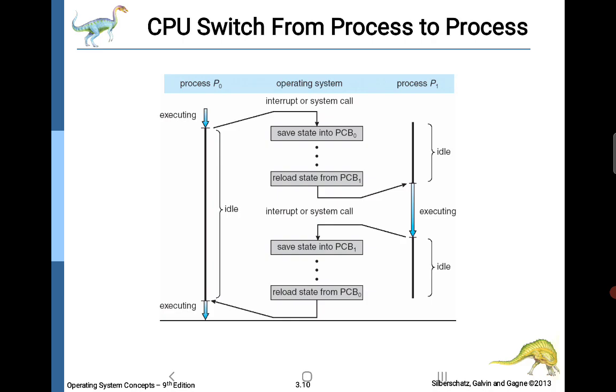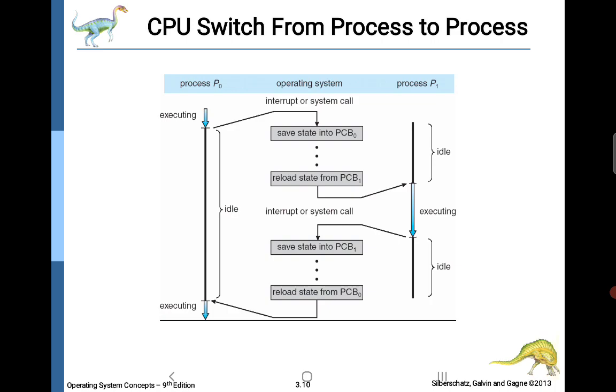Why do we need it? Let's have a look. In a multi-programming environment, that's to say, multiple processes coexist in the main memory at the same time and take turns in using the CPU. In the current example, we have two processes, process 0 and process 1.